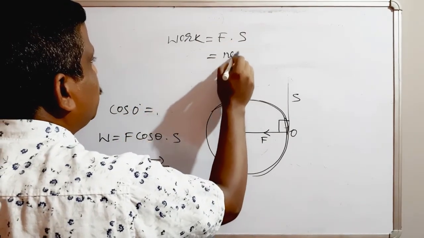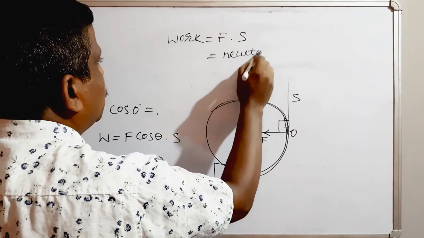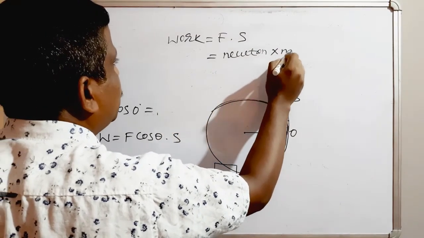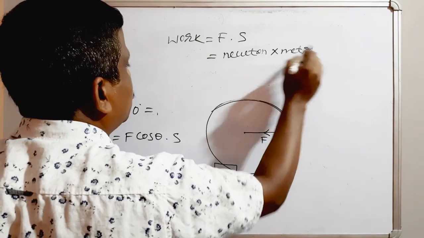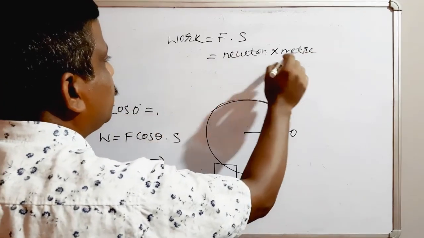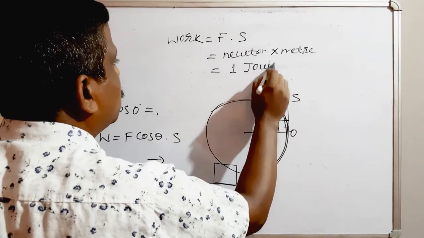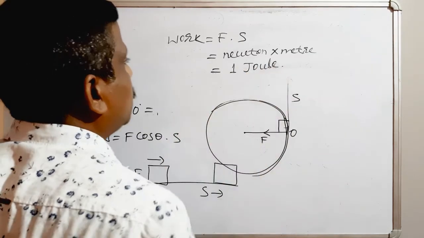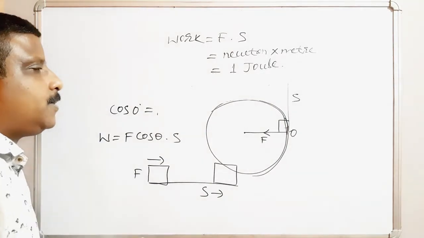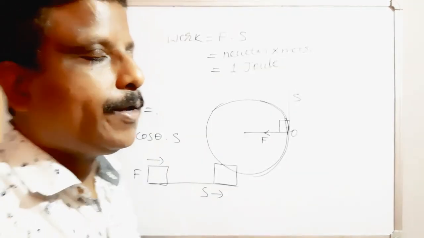Force unit is Newton and displacement unit is meter. So work unit is Newton meter or 1 joule. Clear? Understood the SI unit? SI unit of work is joule or Newton meter.